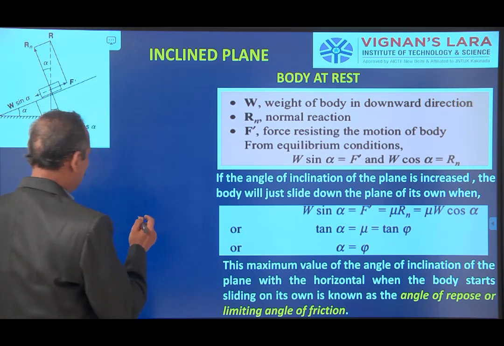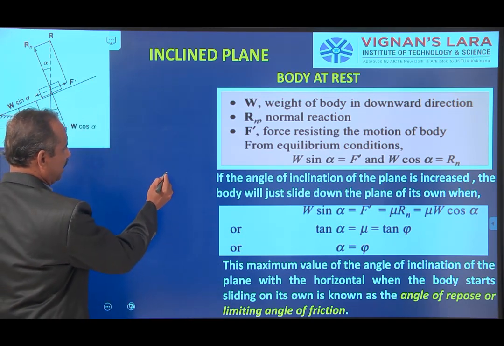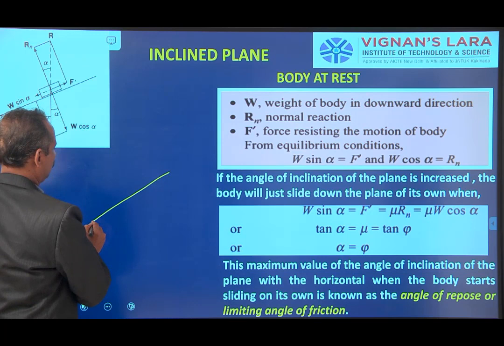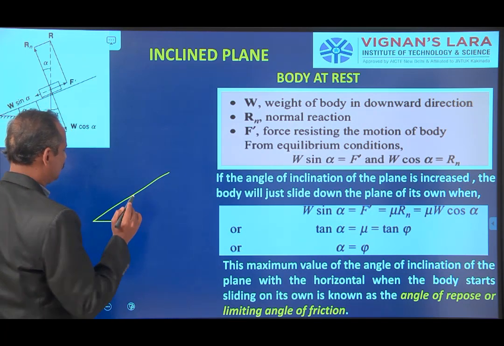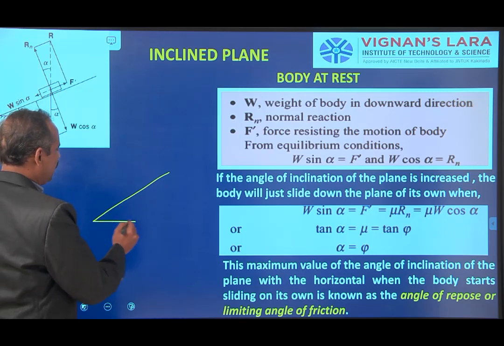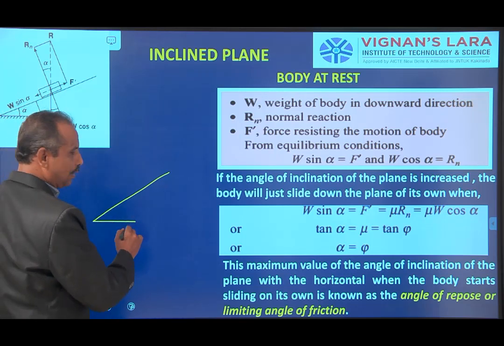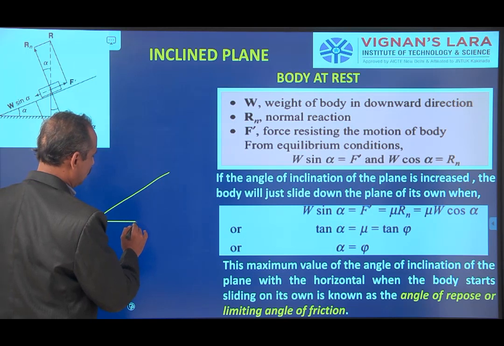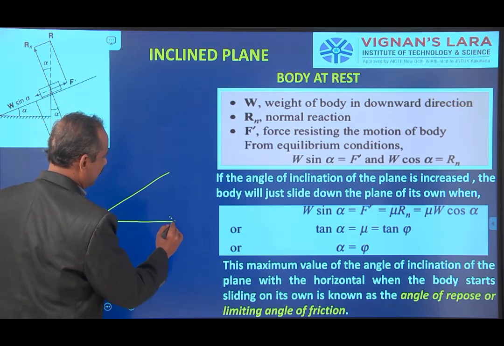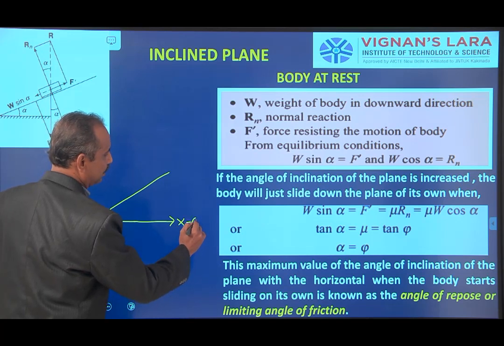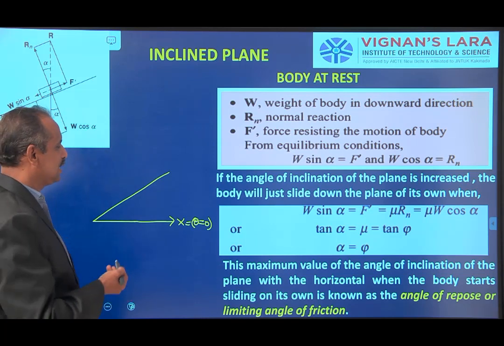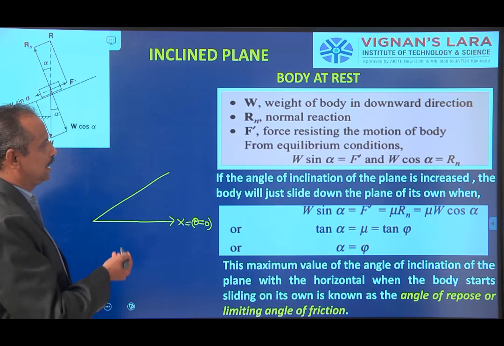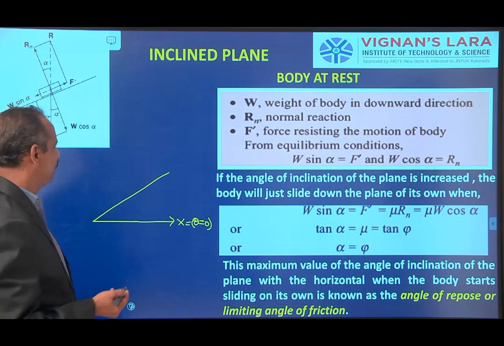Similarly here, say there is an inclined plane. This is an inclined plane. I am assuming the horizontal portion is the x-axis, and theta is just an angle I am mentioning, don't consider it for any purpose.